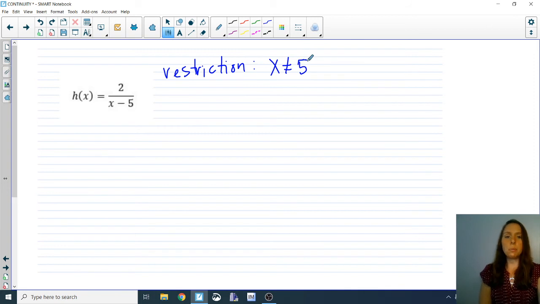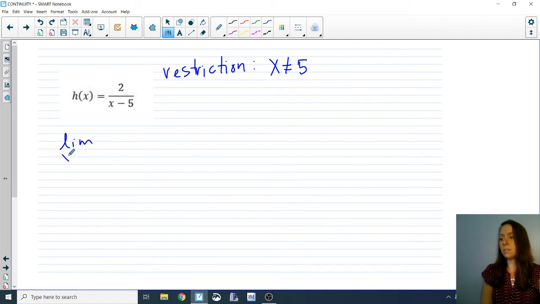So that is the point that we're going to focus on, and we're going to apply the definition of continuity at that point to see what's happening. Now keep in mind, if it's a restriction, it is going to be a point of discontinuity, but I want to show you a little bit more about how it fits into this definition and what you can conclude about the type.